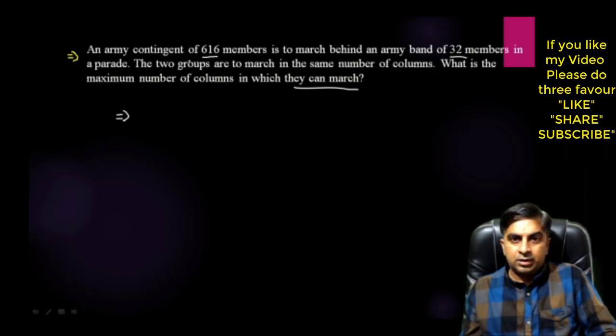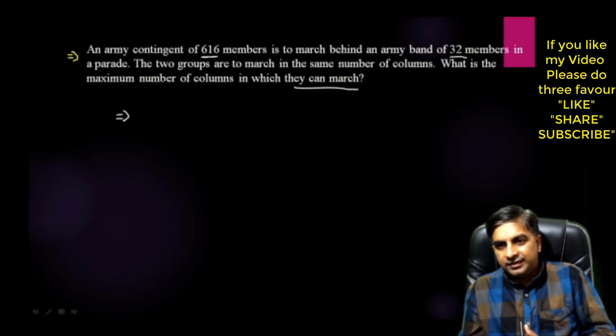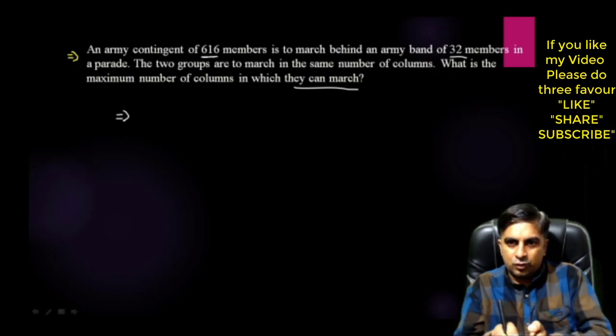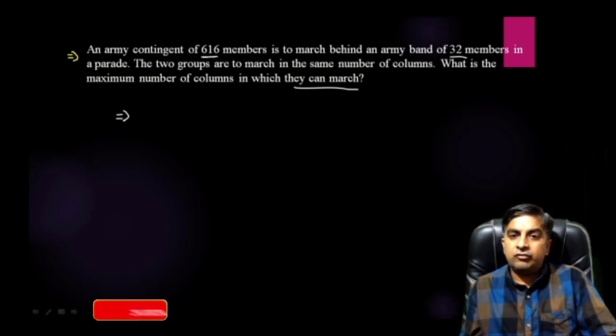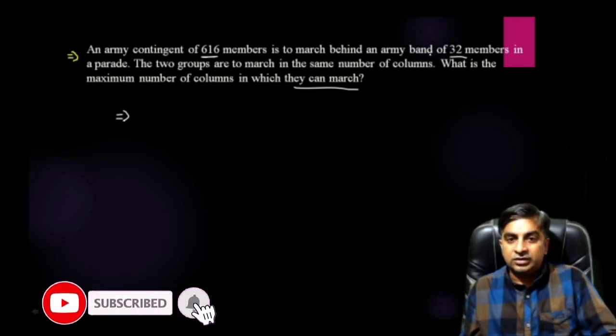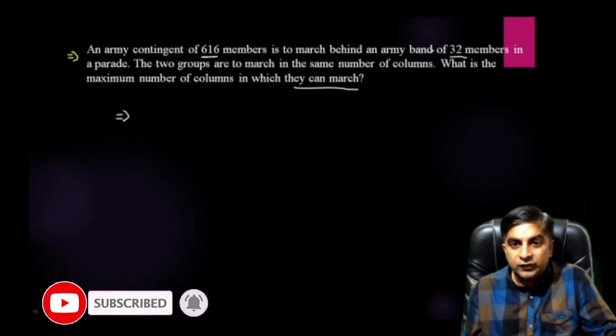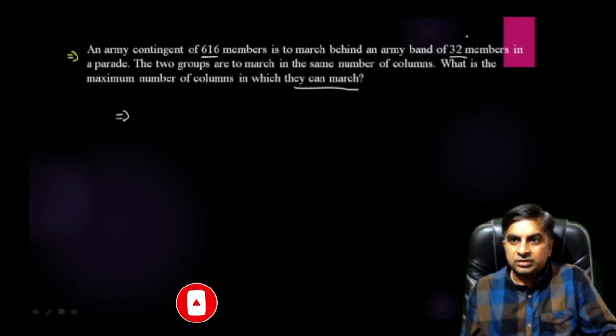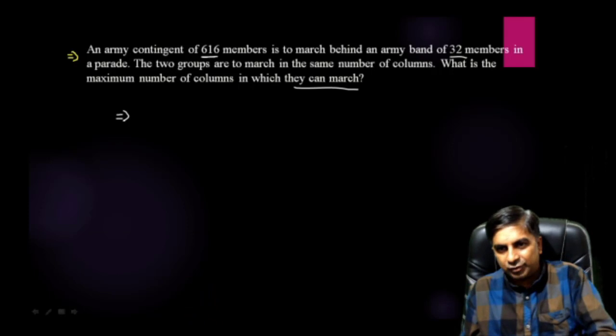Can you tell me whether the number of columns will be greater than 32 or less than that? If they have to march in lines, the number of lines will be less than 32. They cannot make 33 lines for walking, because there are only 32 members in the band.